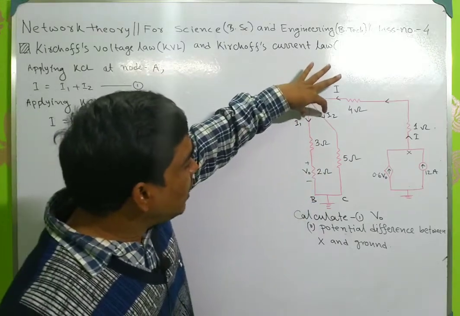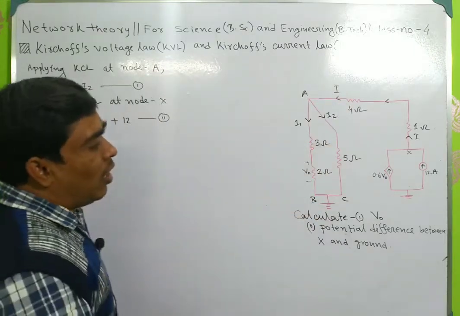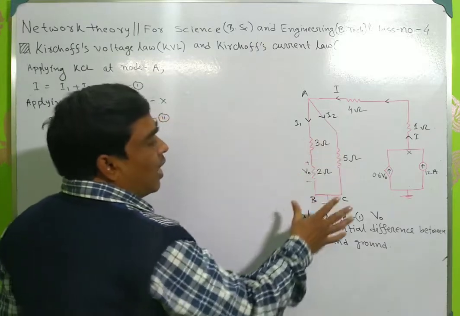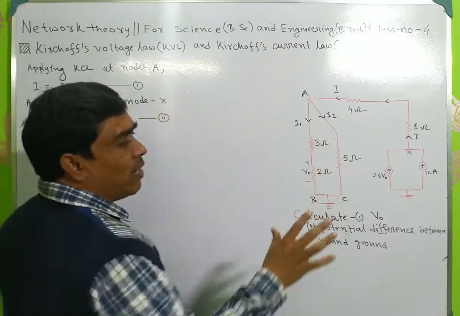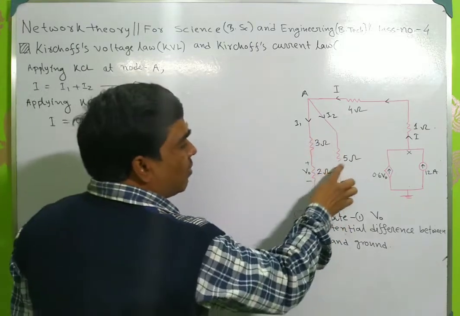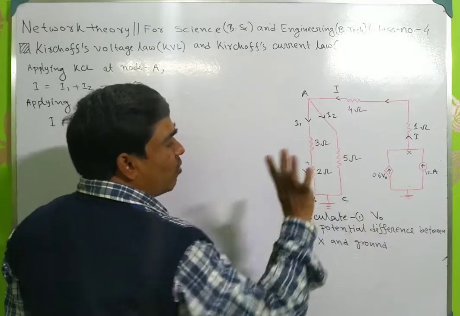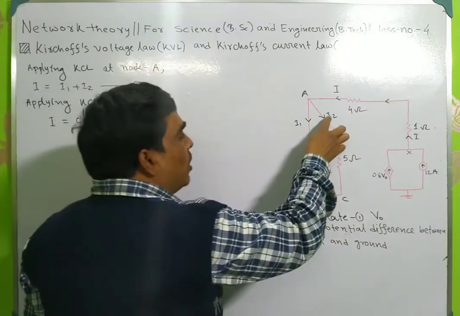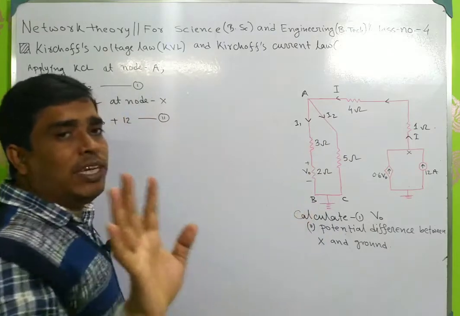So both branches contain the same resistance, 5 ohm and 5 ohm. So these two currents must be equal.